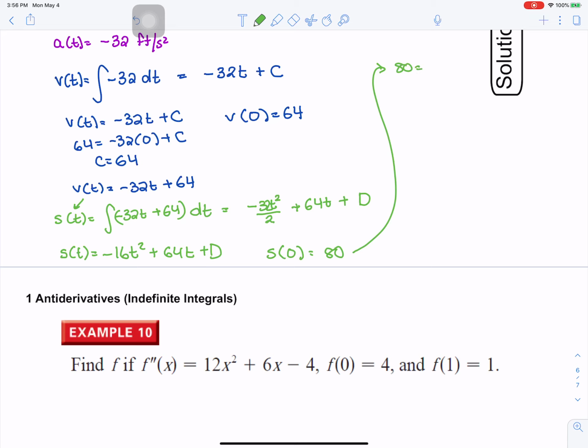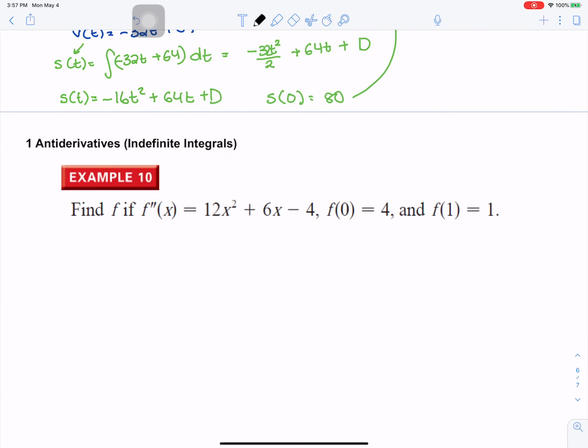So 80 is equal to 0 times anything is 0, plus 0 times anything is 0, plus d. So d is equal to 80. So now my final answer is minus 16t squared plus 64t plus 80.